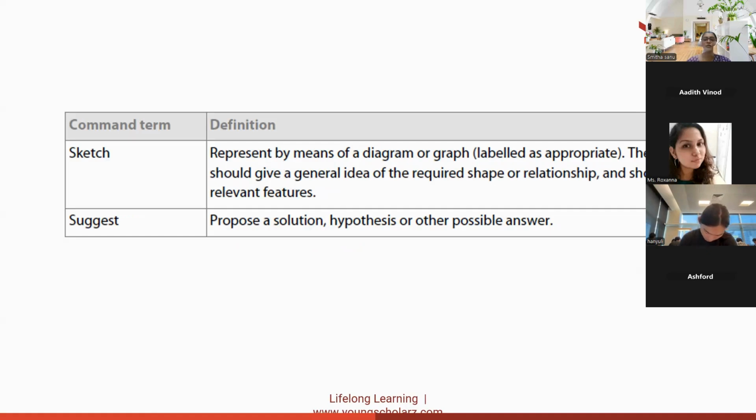Suggestion is also to propose a solution. Talk about your hypothesis: how is your result? Is it going along with the hypothesis, or is it going beyond what you have thought about? You had some expectation of the results, you gave a hypothesis. Is the result according to your hypothesis, or is it slightly deviated?